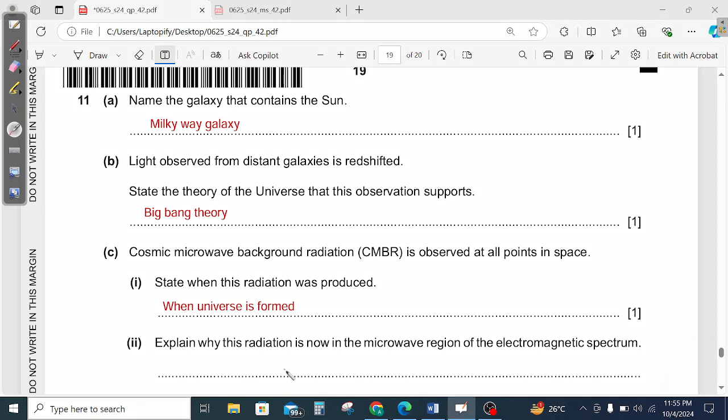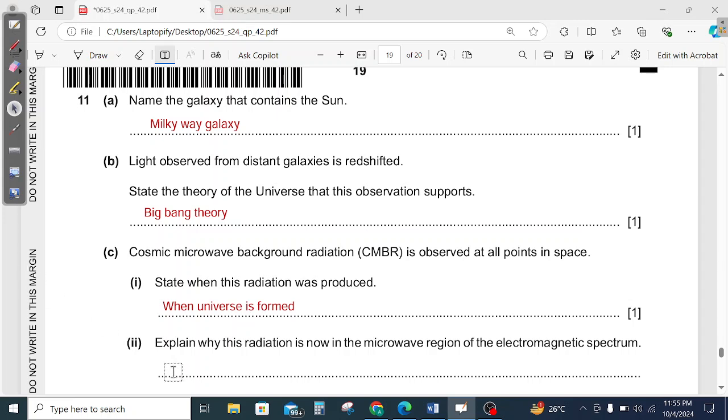Next is: explain why this radiation is now in the microwave region of the electromagnetic spectrum. I have explained already. The light coming from distant objects, distant galaxies or distant stars shifts towards the red. After red, it shifts towards the microwave due to the expansion of the universe.